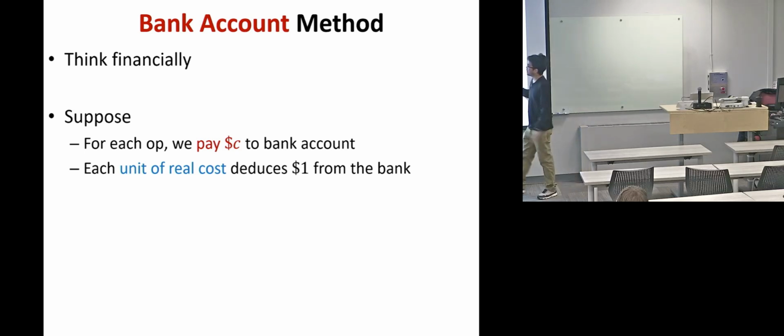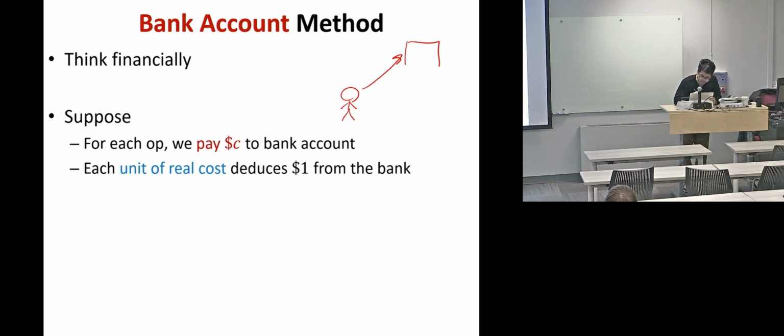For each operation, you don't care what happened, you just pay $C. Then for each unit of cost, the money is deducted from your bank. Think of this as you putting money into the bank, and some algorithm, some computer here, just keeps deducting the money.